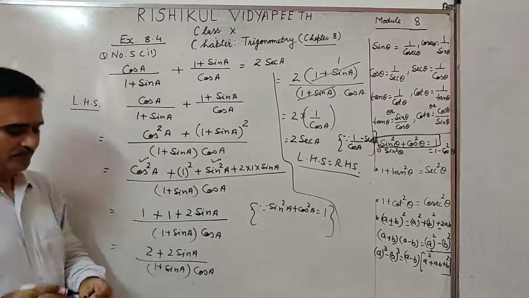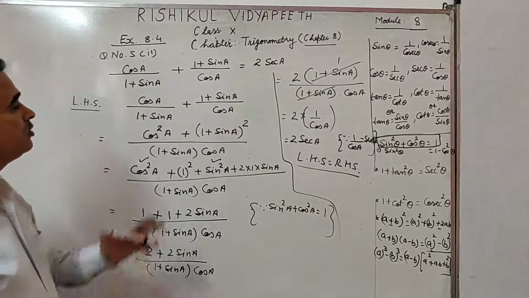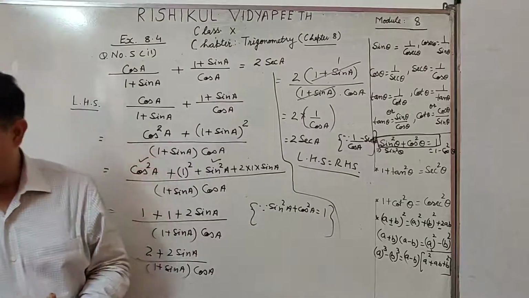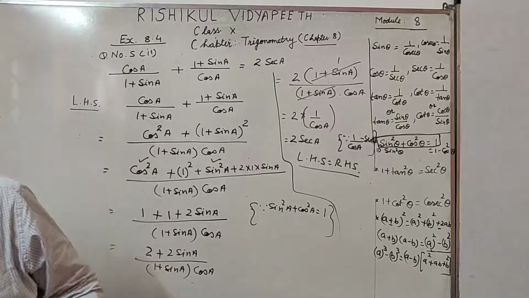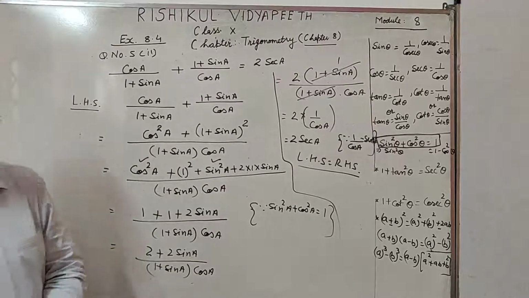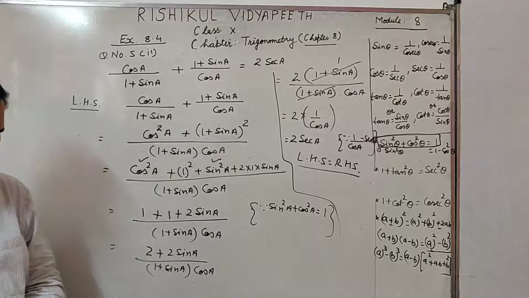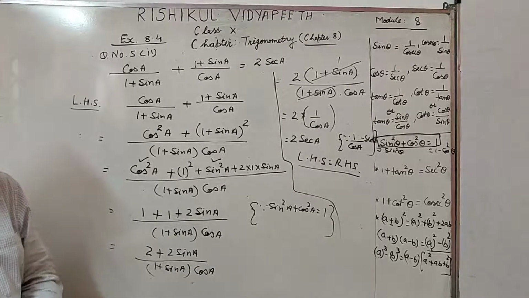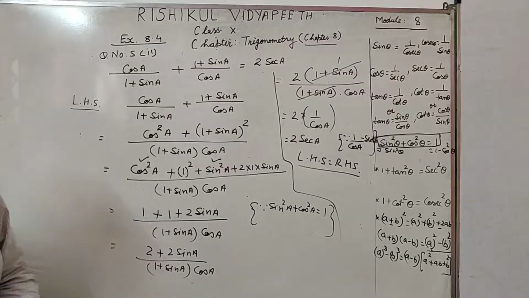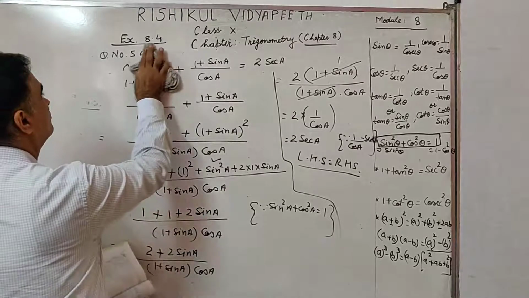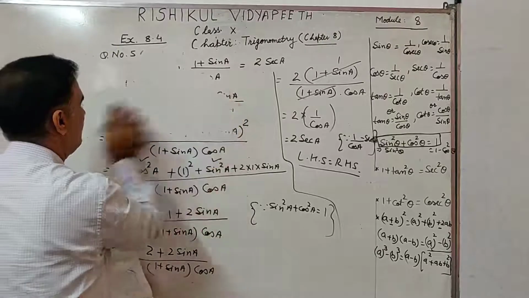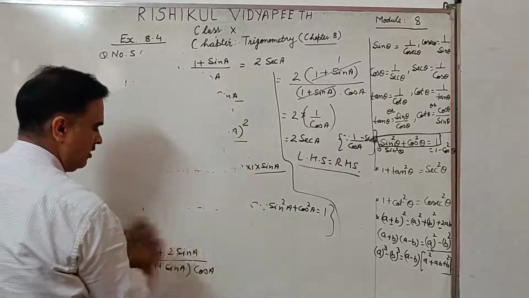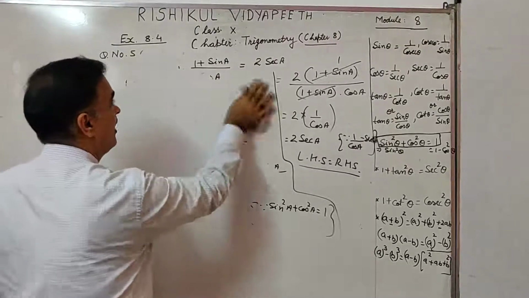So my dear friends, you are able to go through this question. Let's have one more question. A very simple question I am going to take. There are 10 parts of this question number 5.